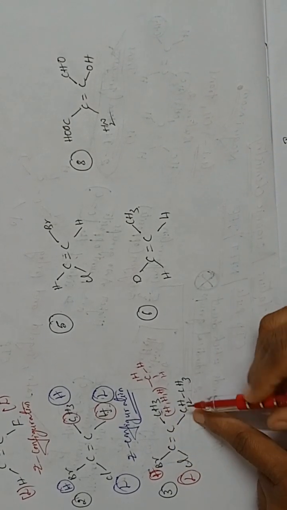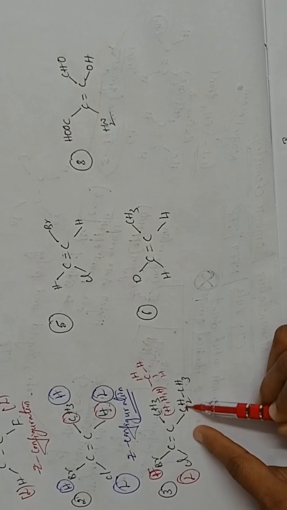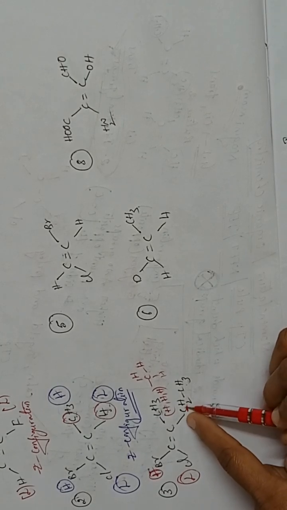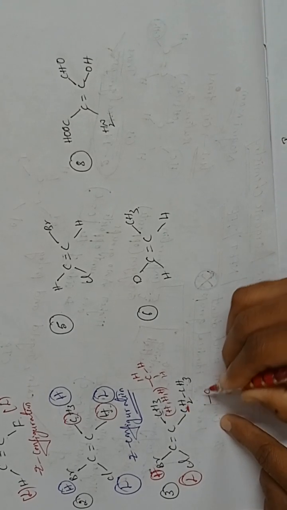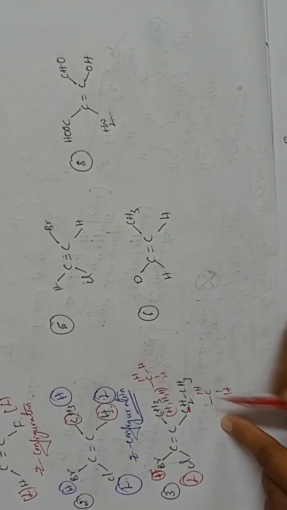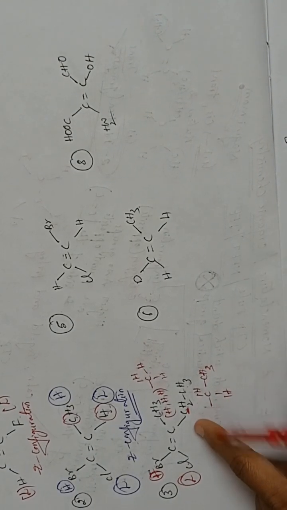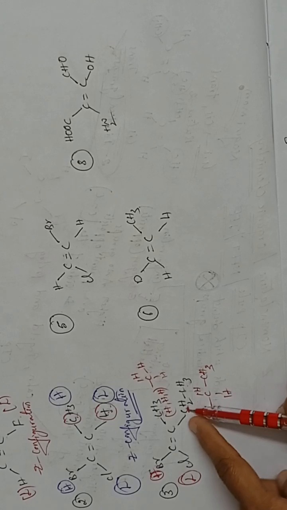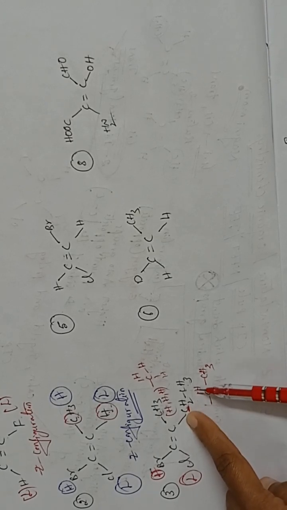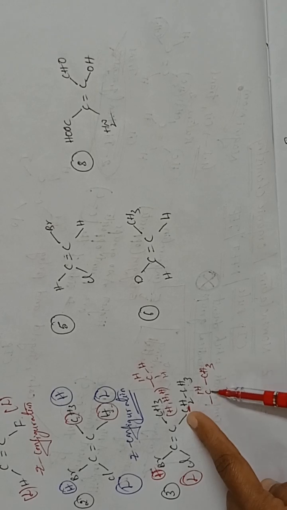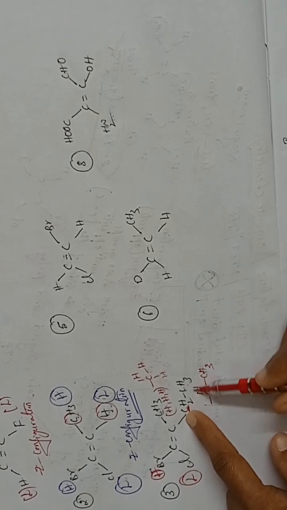Next, CH2, CH3. That means to this carbon you have to take: which atoms are attached? H2 means C, hydrogen, hydrogen. This is CH3, write as it is. Now see here, students. To this carbon, which atoms are attached?